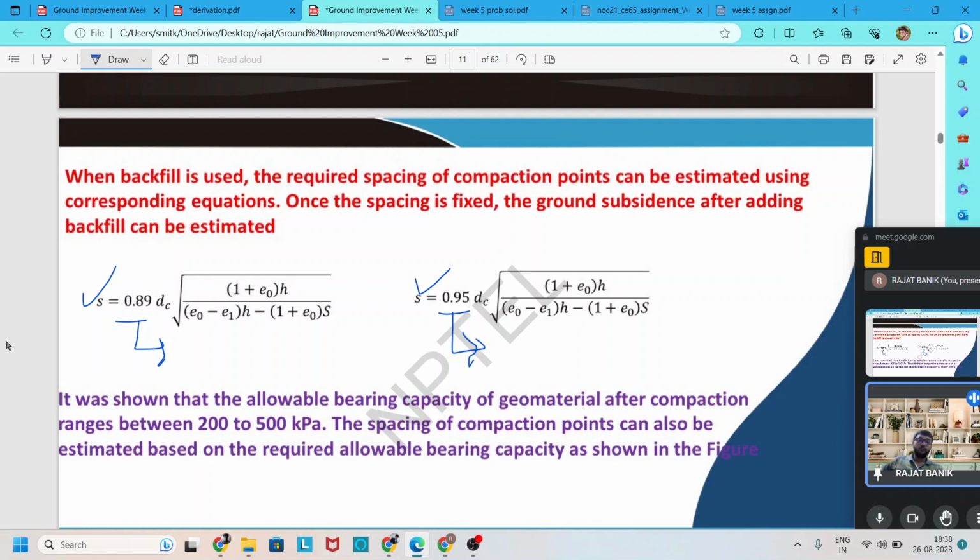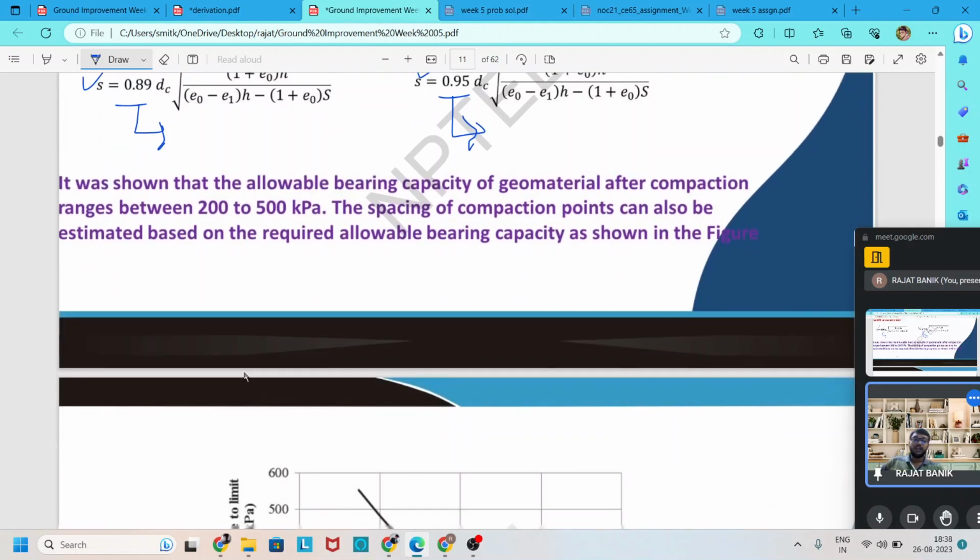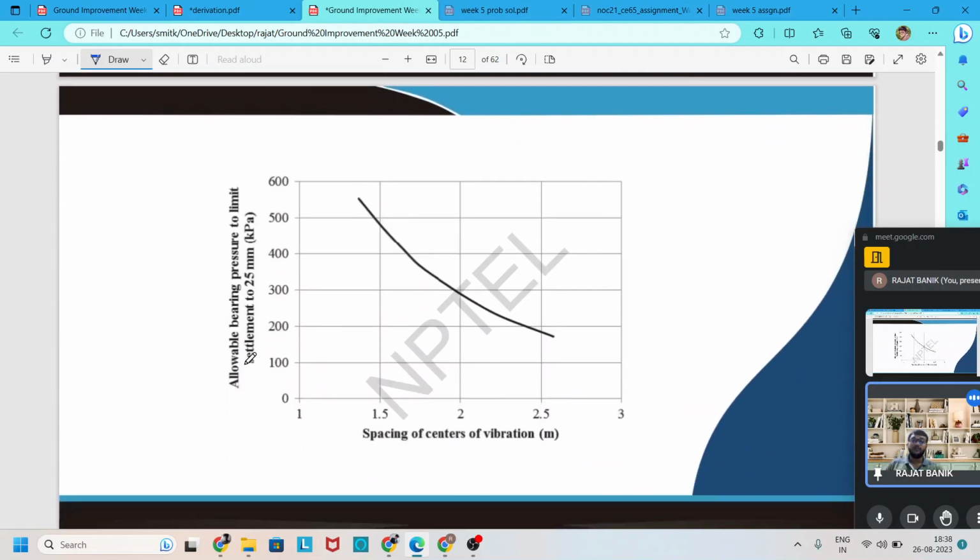One or two charts are also given based on the bearing capacity formula. You can see the allowable bearing pressure limited to settlement up to 25 mm versus spacing during vibration is one chart given.